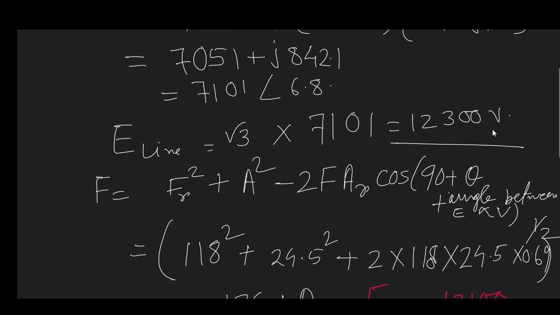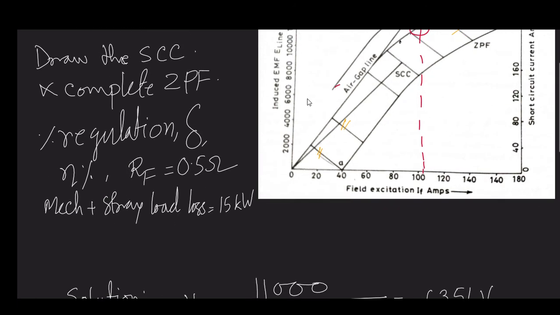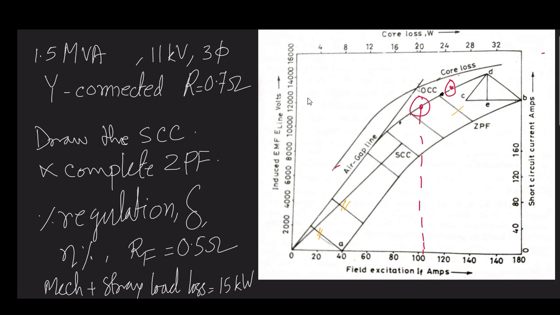E is this much. For this we have to figure out the core loss from this diagram. So 1230 somewhere here, so core loss will be some 17.4 kilowatt as per their diagram.